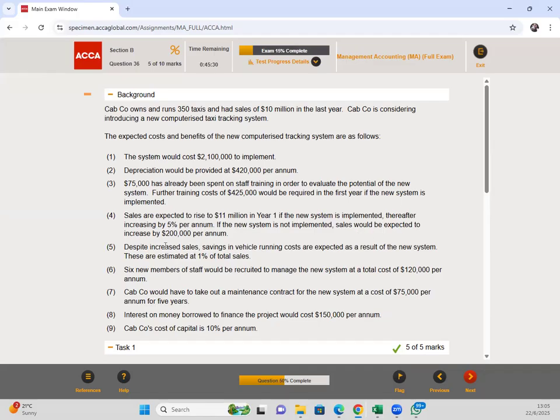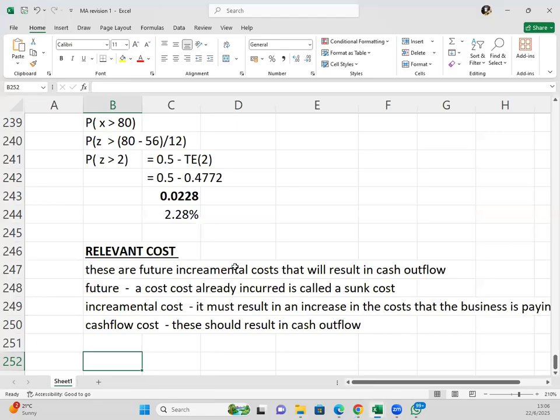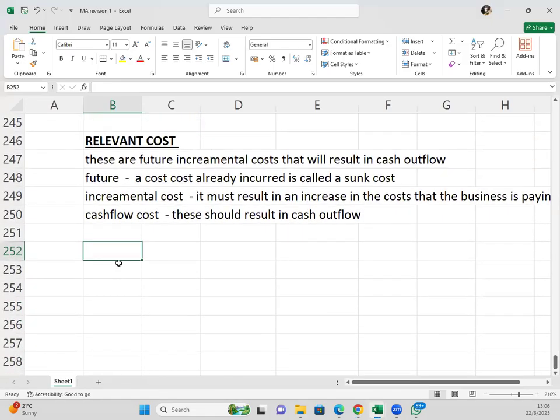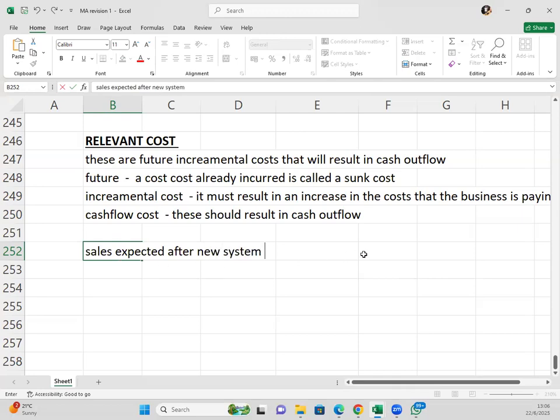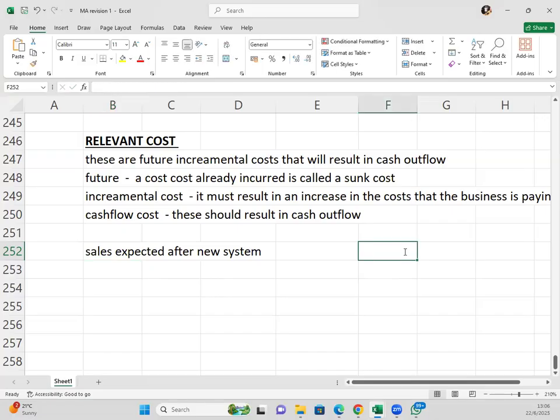And if we don't implement the system, sales are still expected to rise by 200. So we can say sales expected after the new system is 11 million.